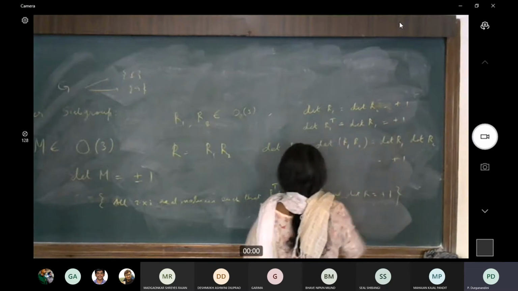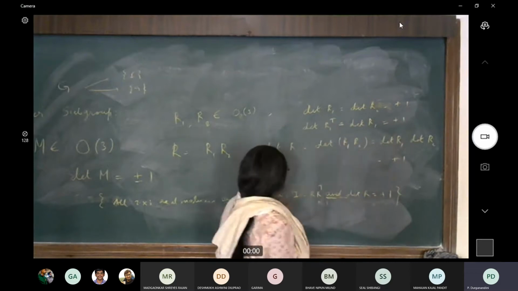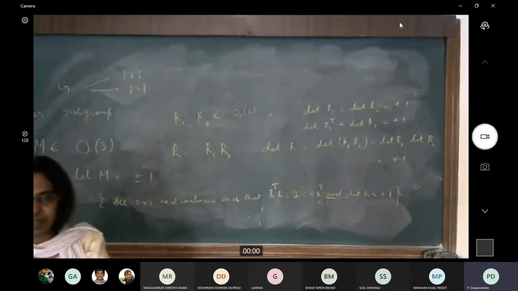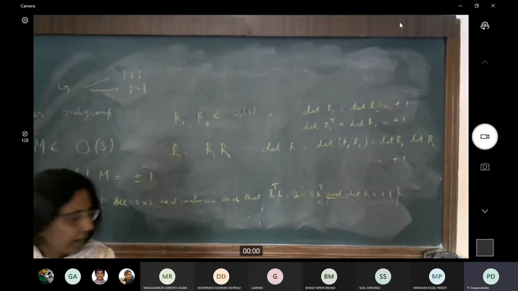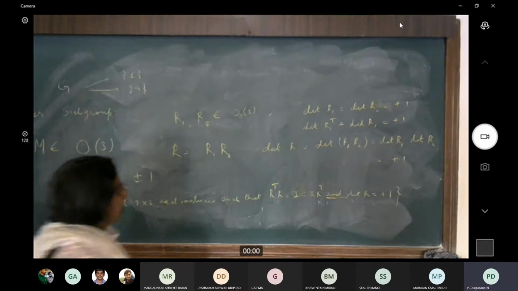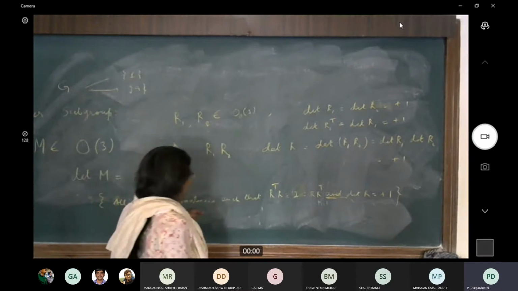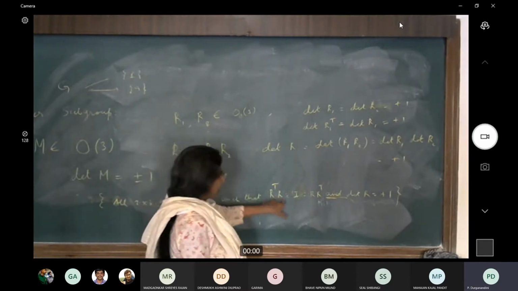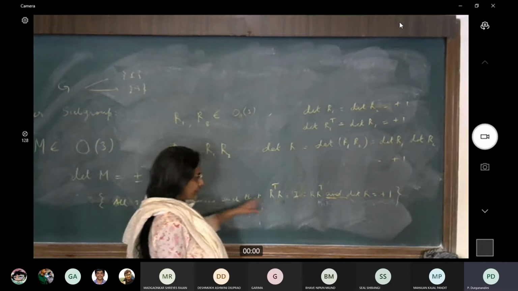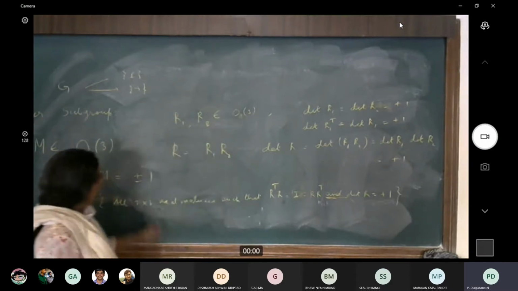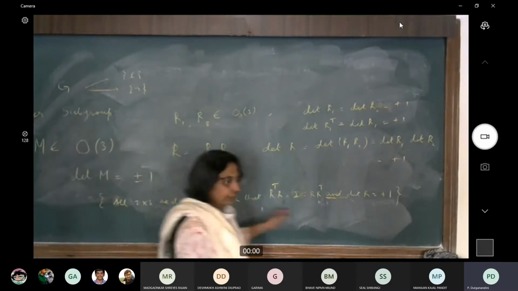And you also know from this relation that R1 transpose is nothing but the inverse of R1. So given a matrix, R transpose is the inverse of R. So that means identity belongs to this set, and if for any R belonging to this set, the inverse also belongs to this set. Therefore, this set is closed under this definition.